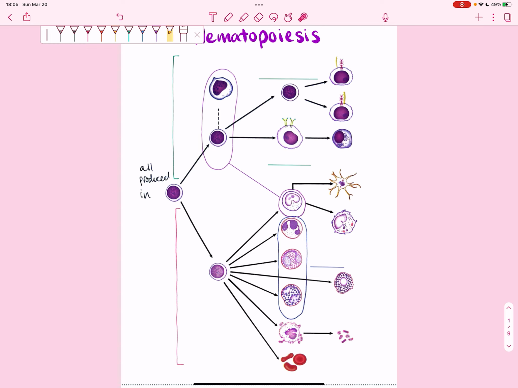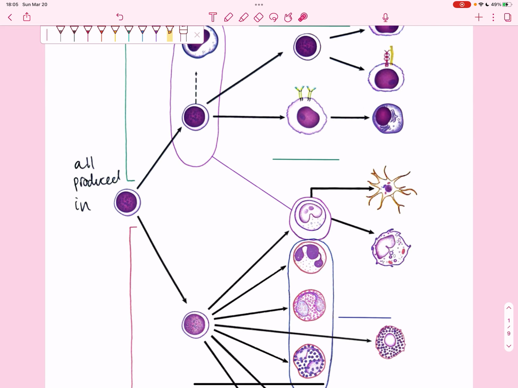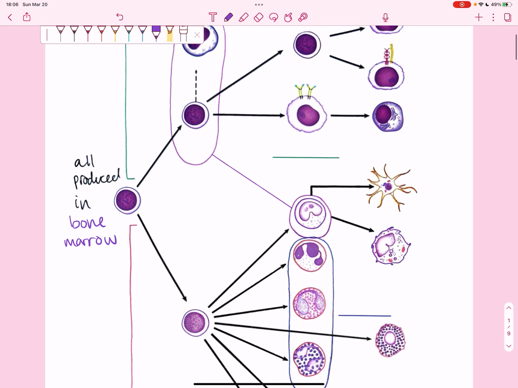So, first of all, all of our white blood cells are produced in the bone marrow. So I'm just going to write that right now. Okay, fantastic. Get that out of the way.